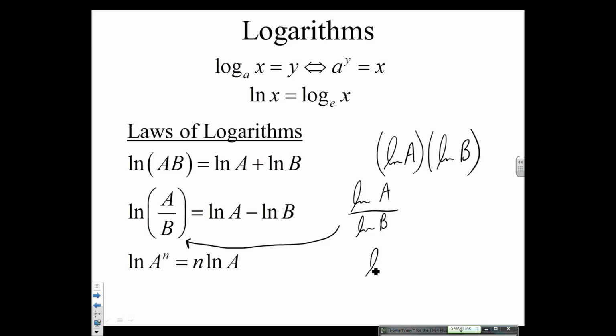So for example, if I've got the natural log of x plus 5, there's nothing I can do to split that up. There's no property of logarithms that says what to do if you're adding inside of a log. So we've got these properties of logarithms, but there are certainly some ways that they cannot be used. There are certain limitations to those.